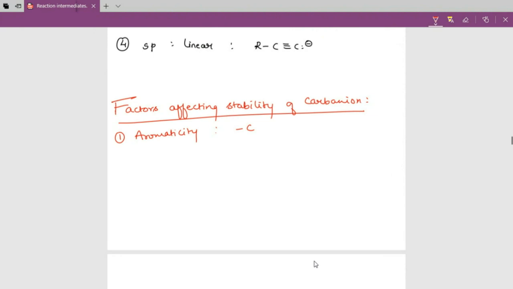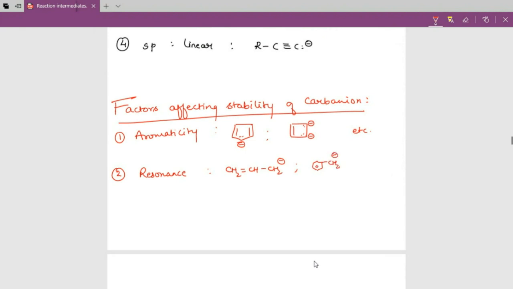Let me give you examples of aromatic carbanions: cyclopentadienyl anion, cyclobutadienyl anion, etc. Number 2 is resonance, like allyl, PhCH2 minus.